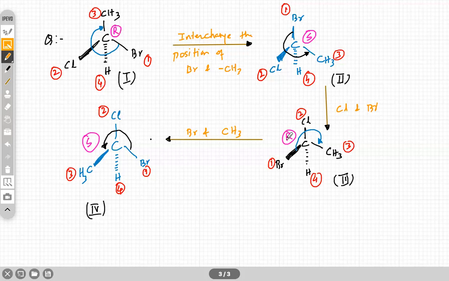We can generalize this whenever we have even number of exchange, the configuration does not change. Clear? Whenever we have even number of exchange, the configuration does not change. Write it down.